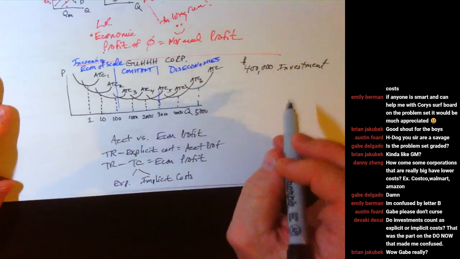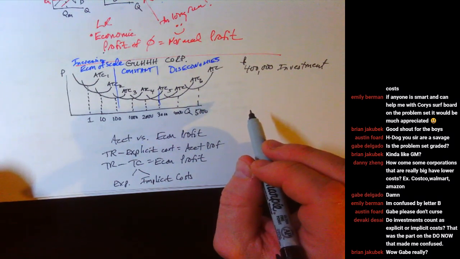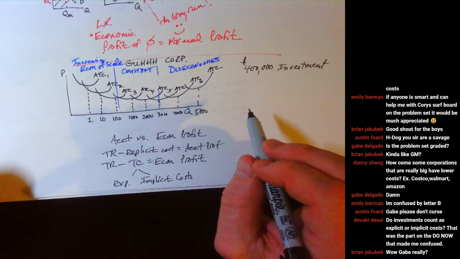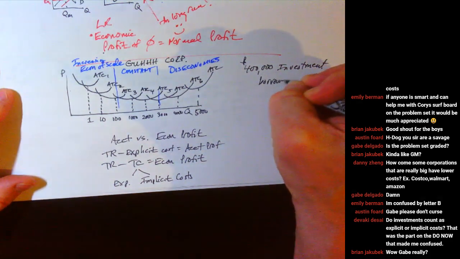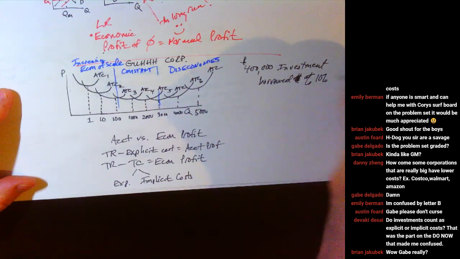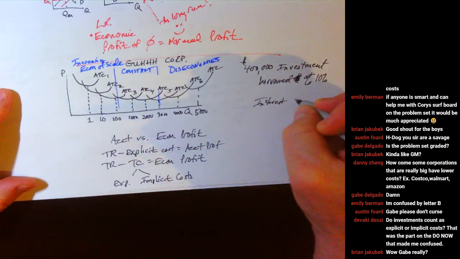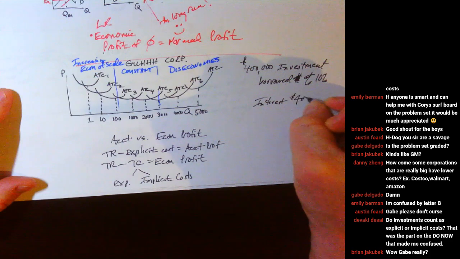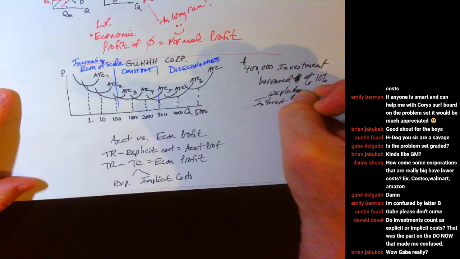It had to do with if they borrowed money at, I can't remember the percentage. Let's say they had to borrow money at 10%, the interest on that money would be $40,000. So that would be explicit.